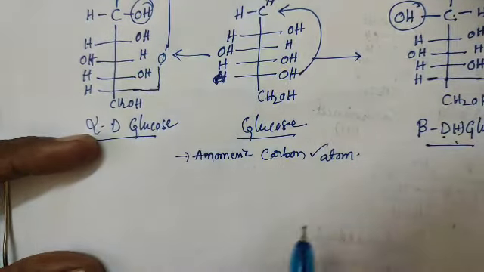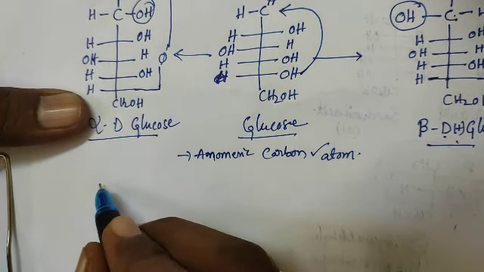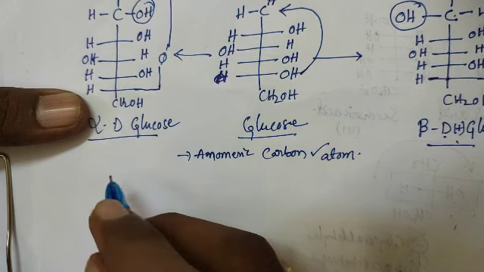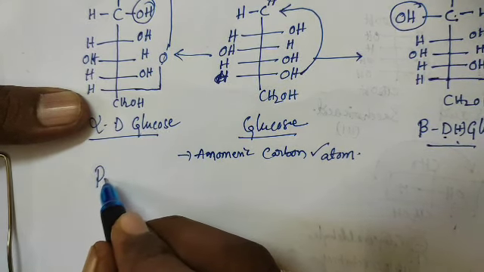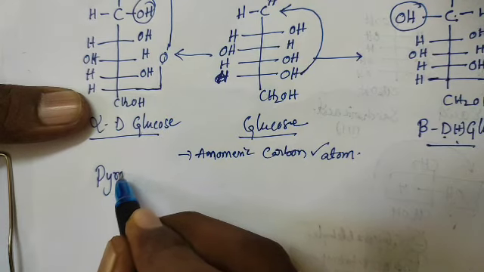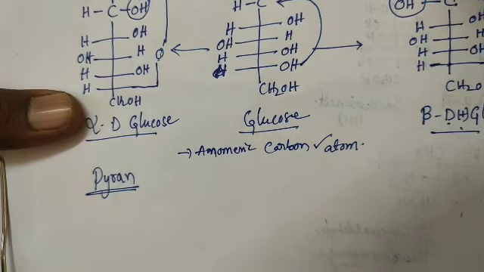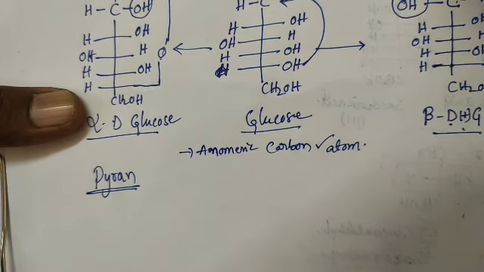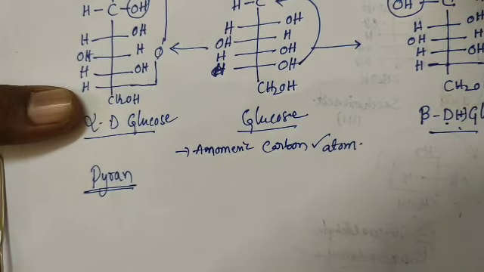This one we will write as a ring cycle. We have a 5-membered ring, and one 6-membered ring with oxygen. That is pyran. Okay, we have one 6-membered ring along with oxygen, that is pyran.